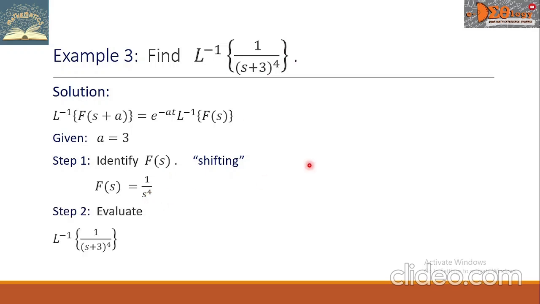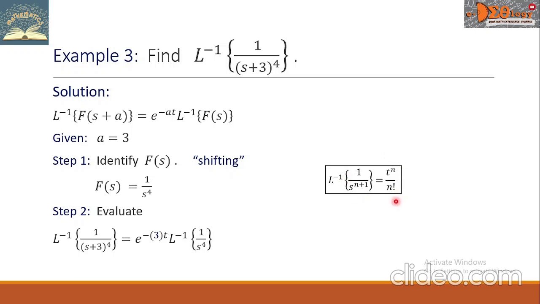Then step 2, let us now evaluate our original problem. This is equal to e raised to the negative of 3 times t, multiplied by the Laplace inverse of 1 over s raised to 4. Remember that we have a formula for the Laplace inverse that says 1 over s raised to n plus 1 is equal to t raised to n all over n factorial.